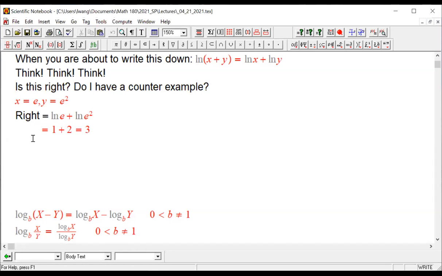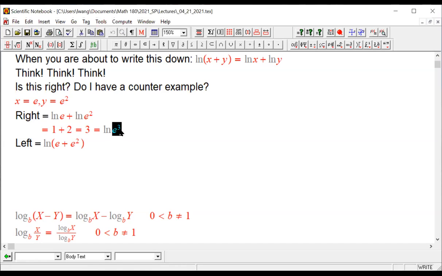And what's on the left? On the left, you have ln of e plus e squared. The question is, are they equal? You can go further: the right side equals ln e to the power 3.